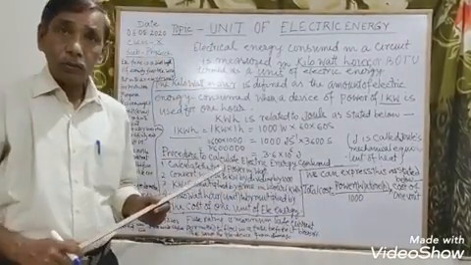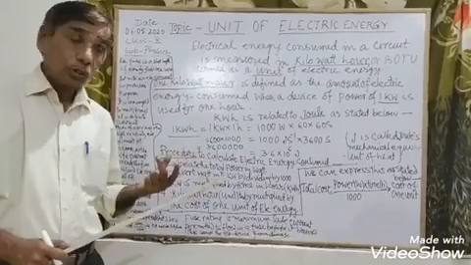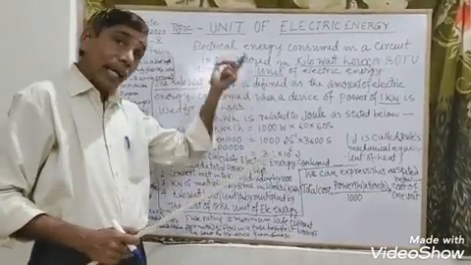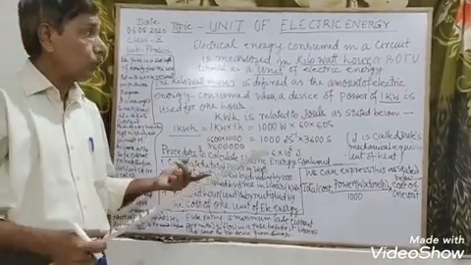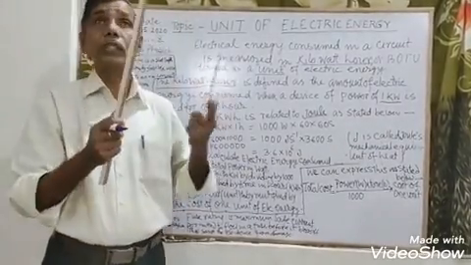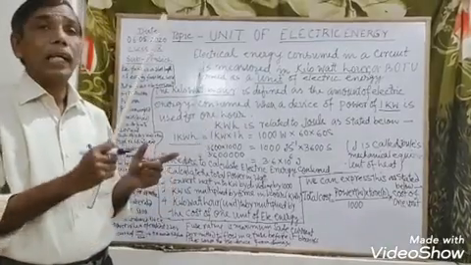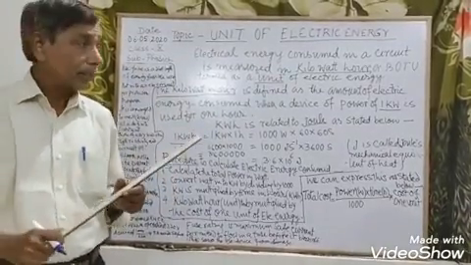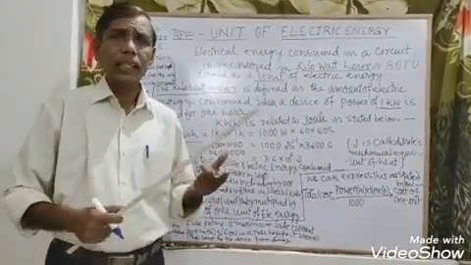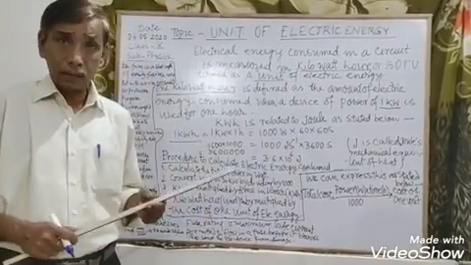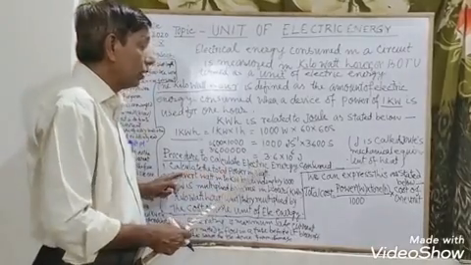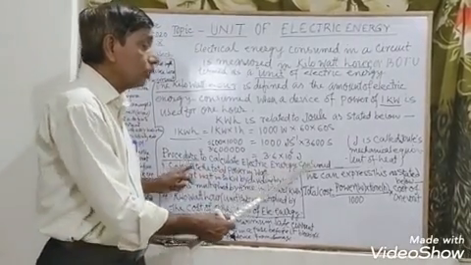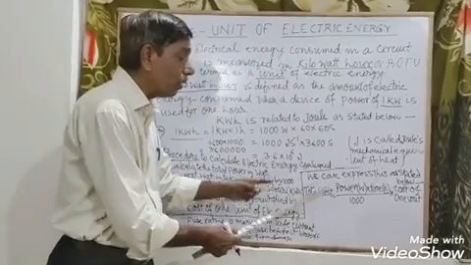Total cost, whatever cost of the energy we have to pay as we use various types of domestic electric fan, electric light, heater, and different types of electric gadgets throughout the month, what is the cost of the energy consumed? So this is the formula.